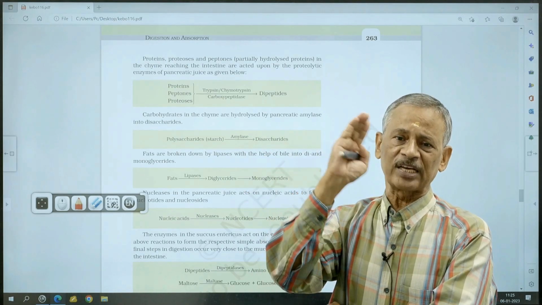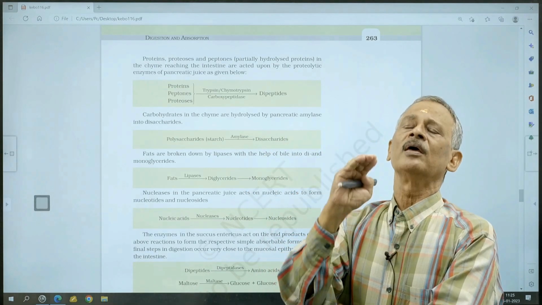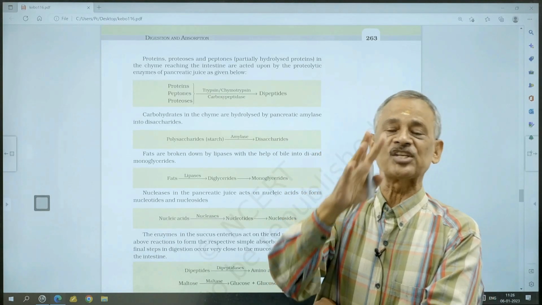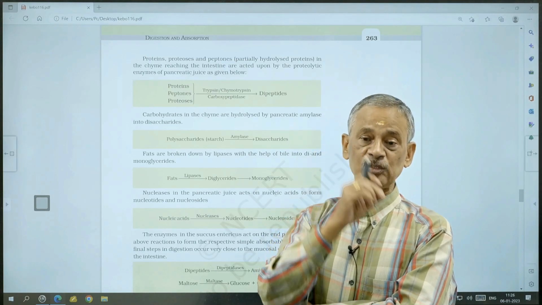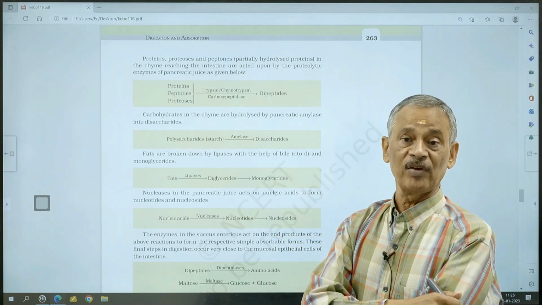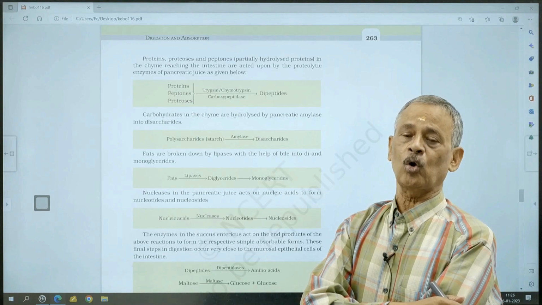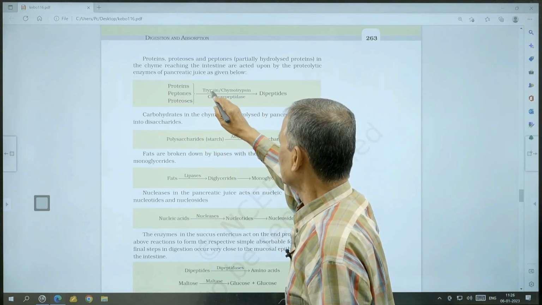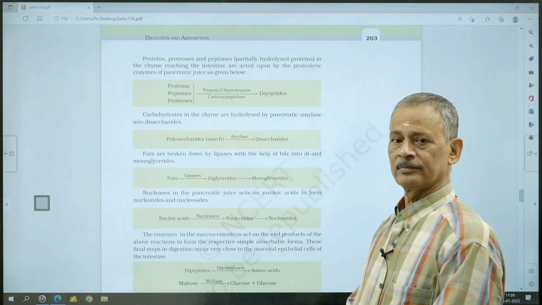When this secretion comes to the duodenum, it mixes with the intestinal juice, which contains an activating enzyme called enterokinase. Enterokinase will activate trypsinogen to trypsin.